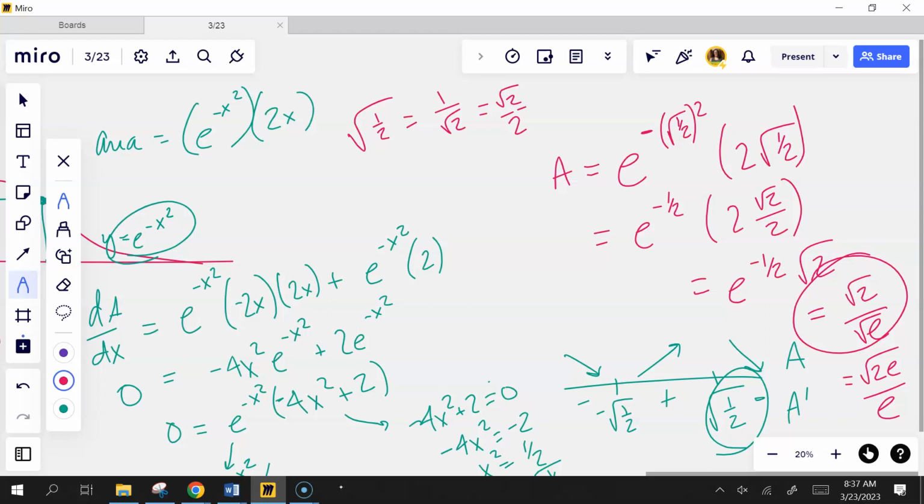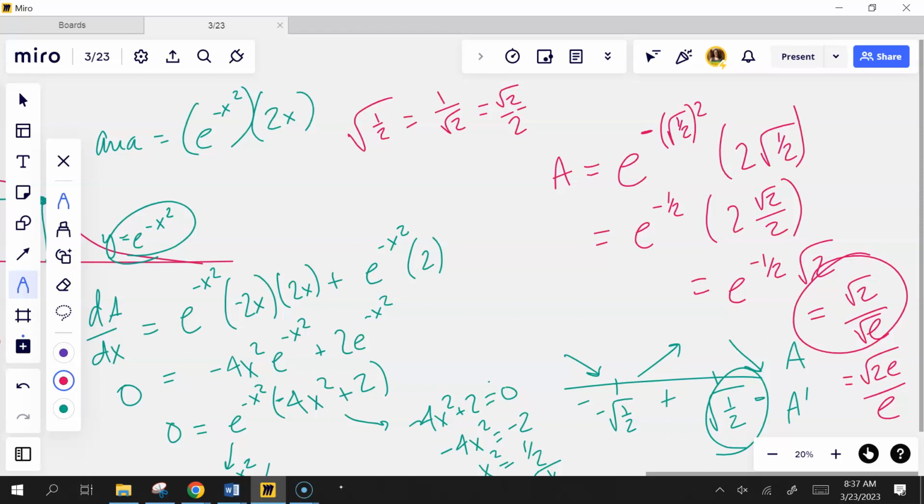Did you follow that, though? It was hard. That one was hard. Because it said maximize area. So whatever you're trying to maximize, find the derivative of that, and then do your sign analysis. So the derivative of the area, set it equal to 0, and find the max or the min there, depending on what you're asked for.